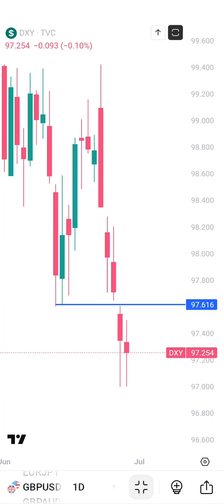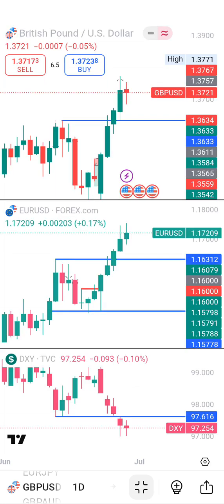We're having more or less an equal low, right? Then on GBPUSD Friday did not take the Thursday high, so you can see that GBPUSD closed on Friday bearish, right, and EURUSD closed bullish.